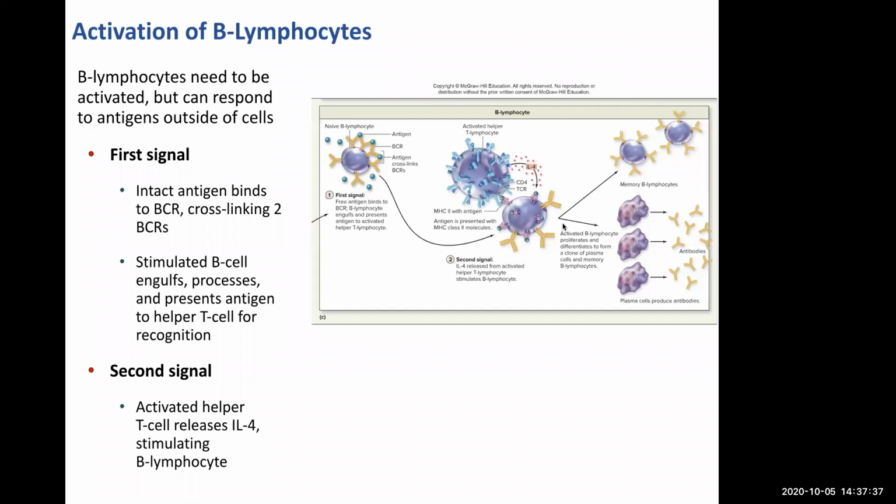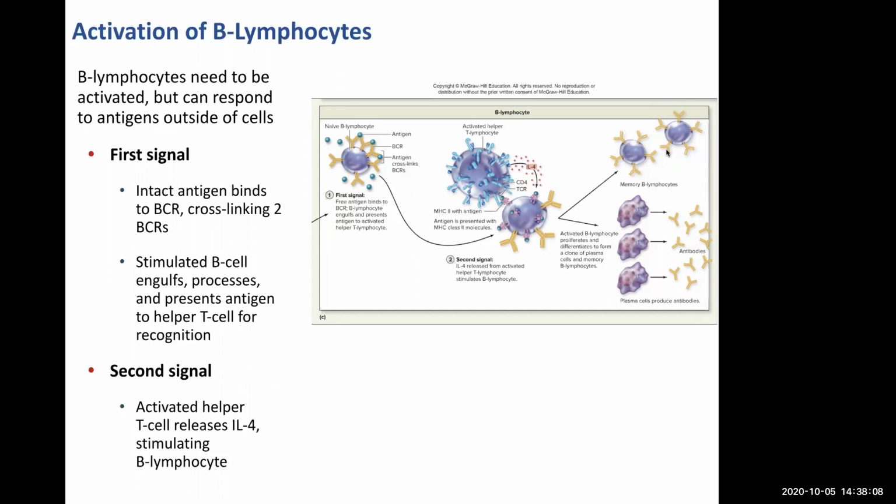And then the memory cells, as far as their morphology is concerned, look a lot like the original cell from which they arose, right? These memory cells have the B cell receptor that activated them on the surface, with many copies of that B cell receptor. So again, the next time you encounter the antigen that initially activated your B cell, you now have a whole host of B cells out there that have B cell receptors designed to recognize that antigen.